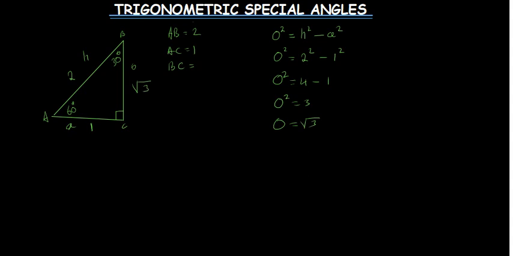Now from these same values, we have a 2 here, a 1 here, and a root of 3 there. We want to see what we are going to get if we bring in SOHCAHTOA, the sine, the cos, and the tan.